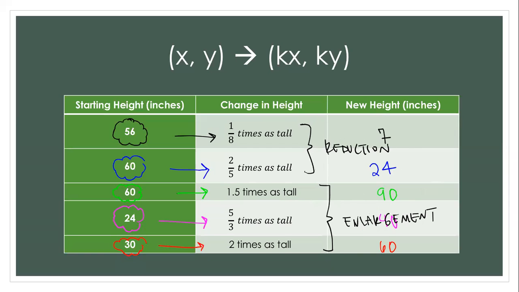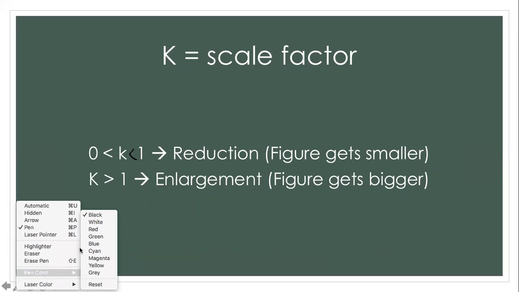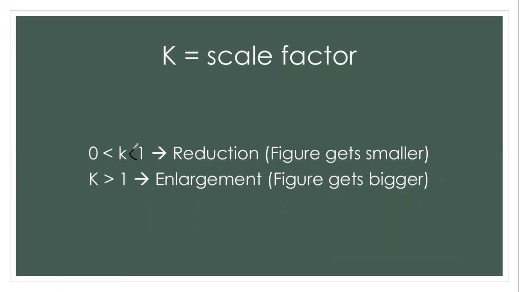So what does that tell us about our K value? That tells us that if my K is between 0 and 1, then my figure will get smaller. It will be a reduction, because anytime you multiply something by less than 1, the number will get smaller.